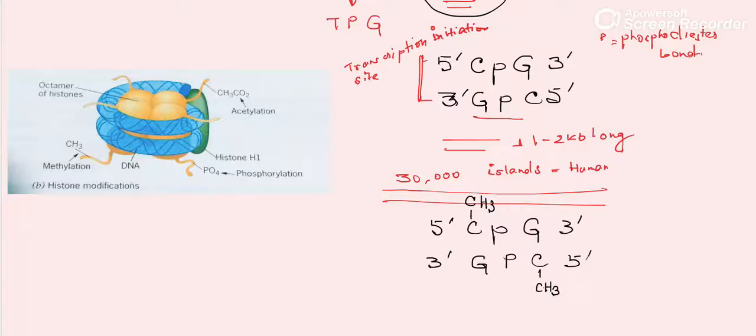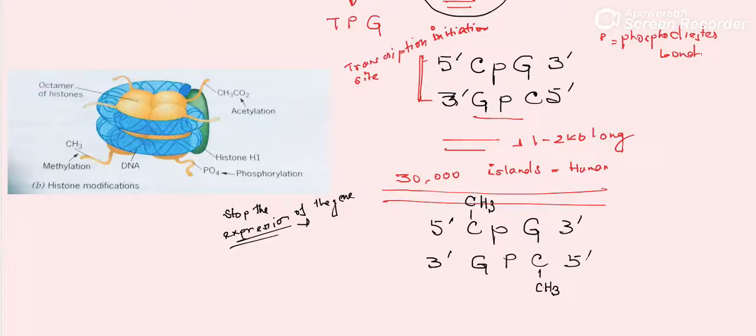Methylation stops the expression of the gene, because such a structure may change the architecture of the DNA.